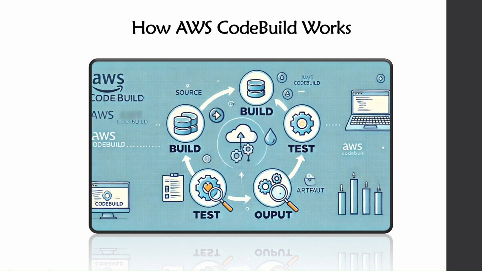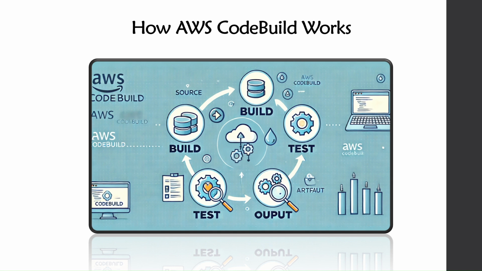So finally, we have the output. Once the code has been built and tested successfully, the built artifacts are generated and stored. These artifacts could be compiled code, packaged software like a Docker image or a JAR file, or logs that detail the results of the build and test.